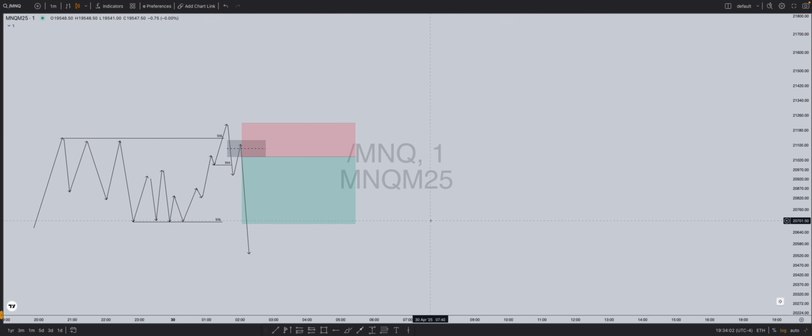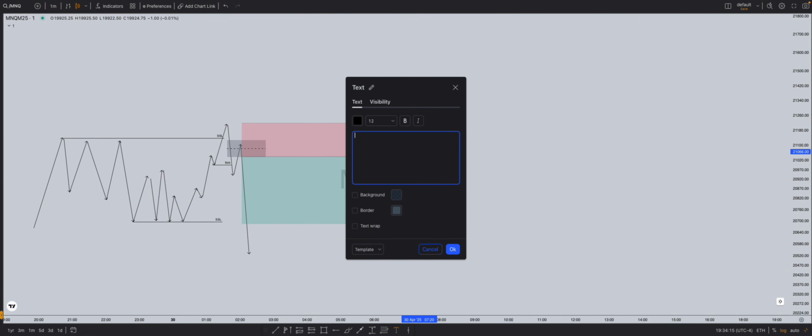Those macros are 10 minutes before and after each hour. So 10 minutes before each hour beginning and 10 minutes after each hour's start. The macros that I would generally consider trading are the 9:50 to 10:10 macro, the 10:50 to 11:10 macro, and then the PM macro, which is 1:50 to 2:10.